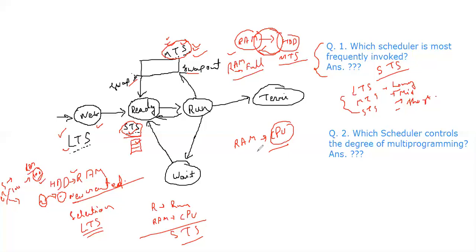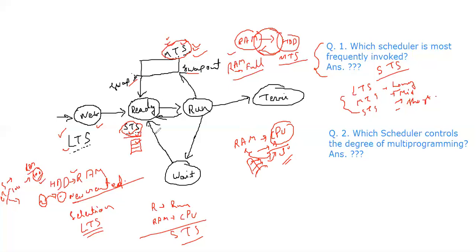So if you send one process into the CPU, it will execute it very quickly, and it will require another process very frequently. Hence, you require one scheduler which can schedule very frequently and send the process very quickly to the CPU. And that is the reason this is known as the short-term scheduler.